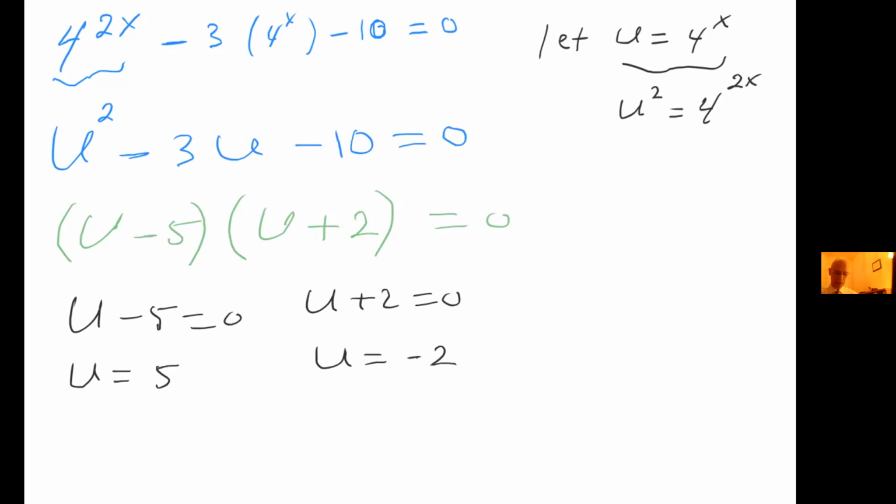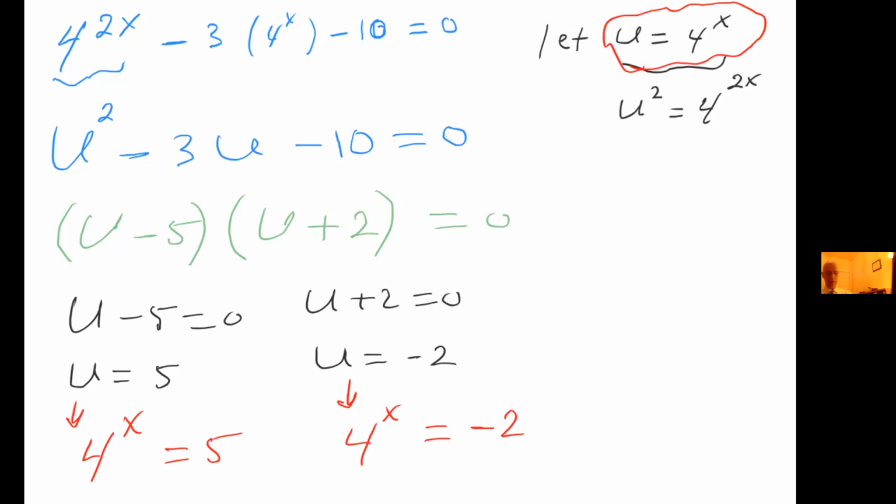Well, let's remember what the value of u was: 4 to the power of x. So I have 4 to the power of x equals 5 and 4 to the power of x equals negative 2. Well, this one doesn't produce any real solution.